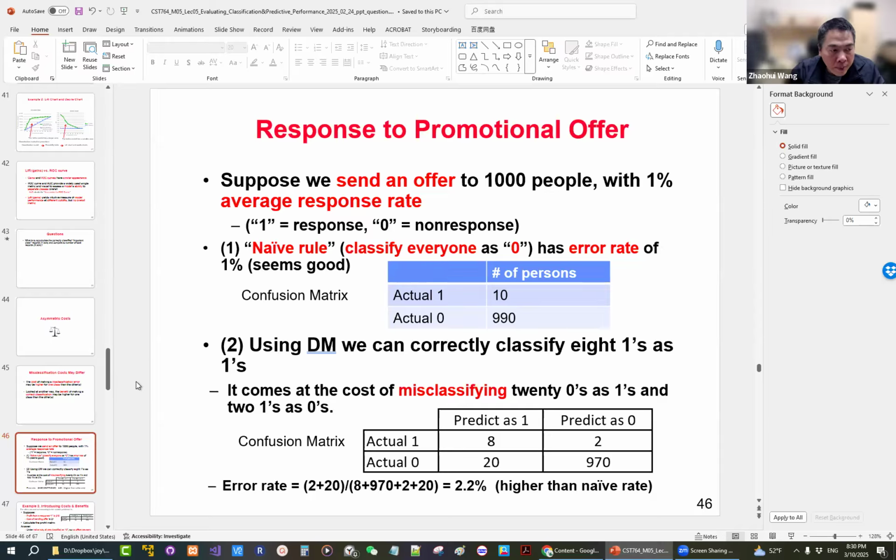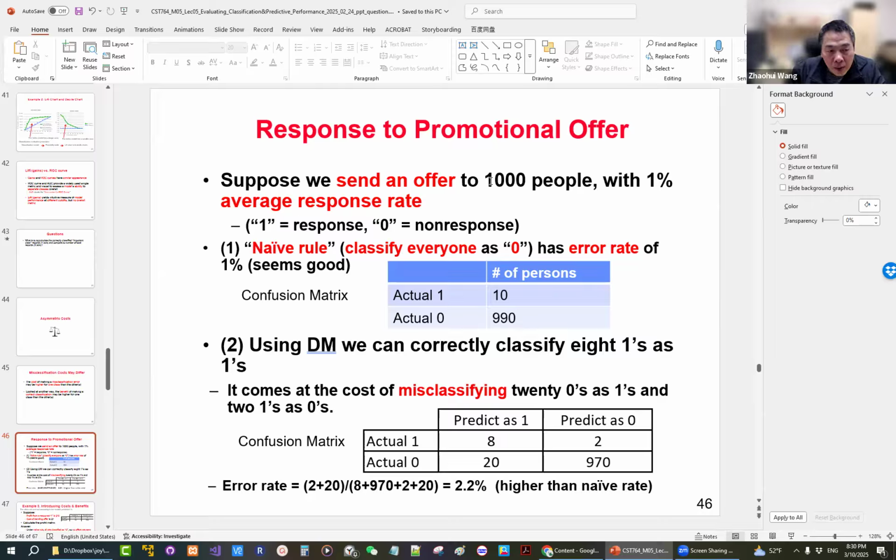Here we have one example. We send an offer to 1,000 people, with only a 1% average response rate.